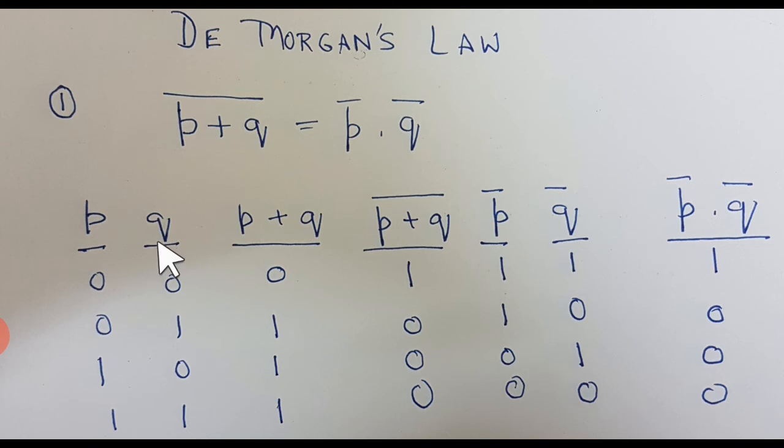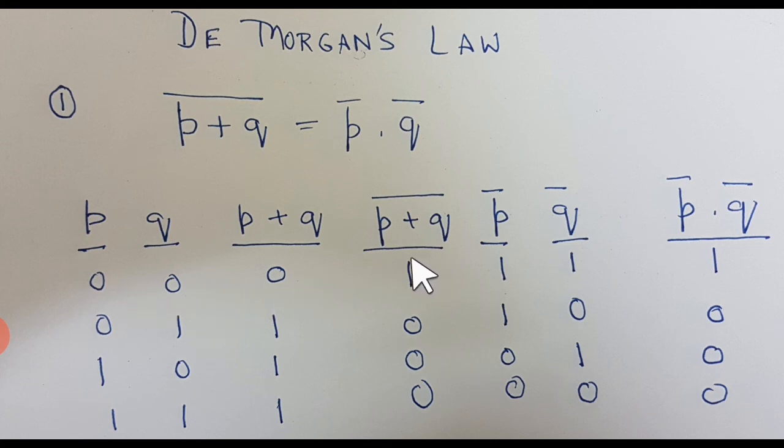PQ, two variables truth table. Then we have got a column P or Q, or P plus Q, and here you can see the values. OR operation says that whenever a single 1 is there, output is bound to be 1. So here second, third and fourth row are having value 1 1 1, and the first row where all the values are 0, output is 0.